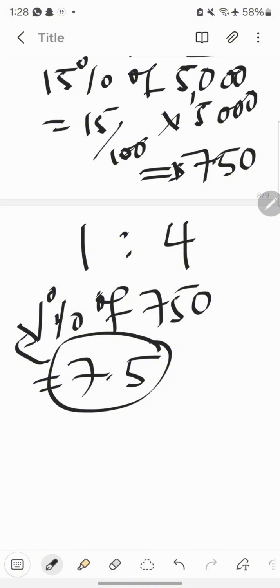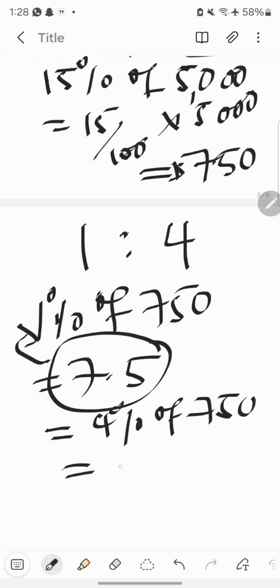If the trade goes to our full TP, then we are going to gain 4% of 750.